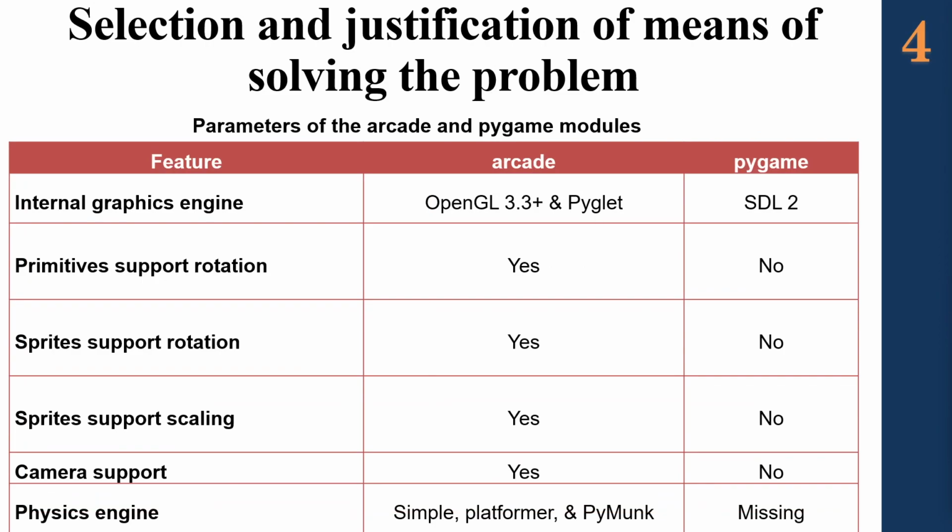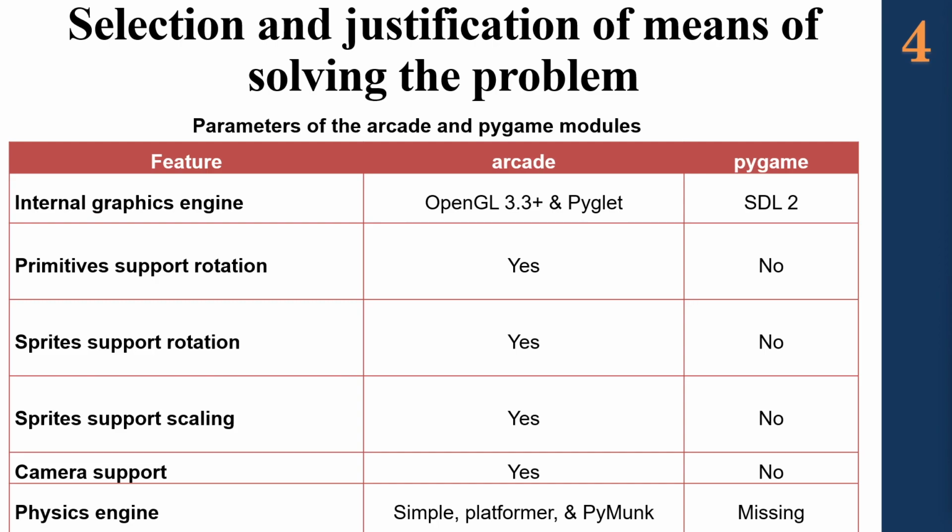For the graphical data visualization model, the choice was made between Pygame and Arcade. As a result, Arcade was chosen because it supports OpenGL for drawing primitives for 2D rendering and has the appropriate set of capabilities shown in the table on the slide.